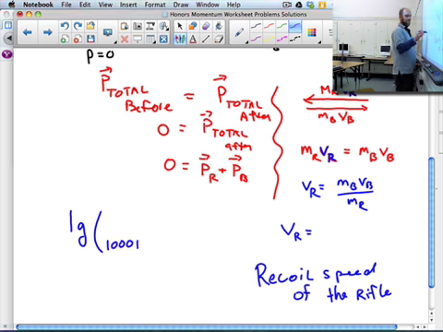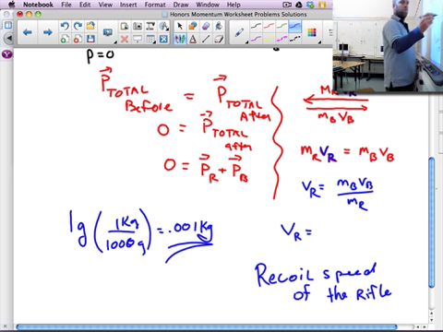And hopefully you know that there's 1,000 grams in 1 kilogram. So that means 1 gram is 0.001 kilograms.